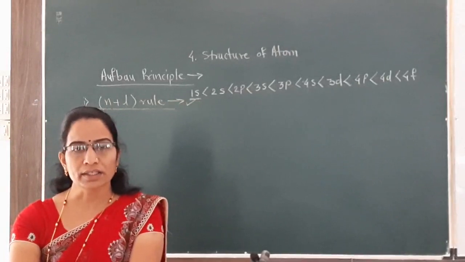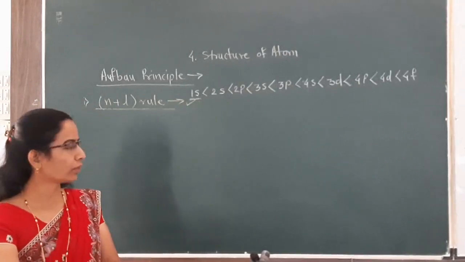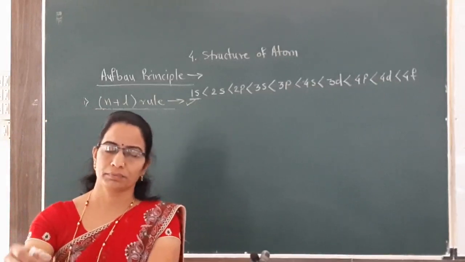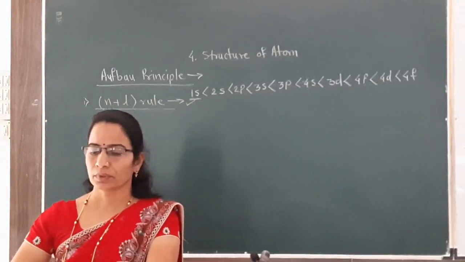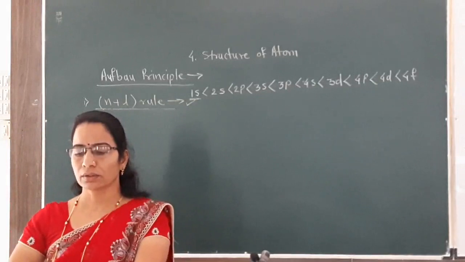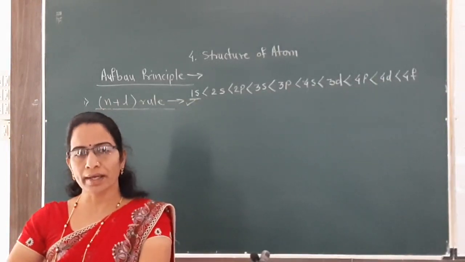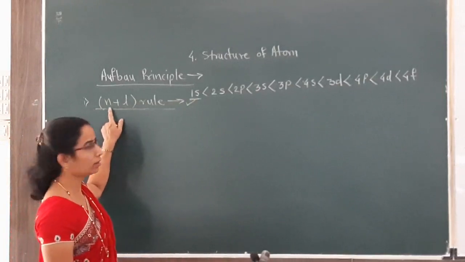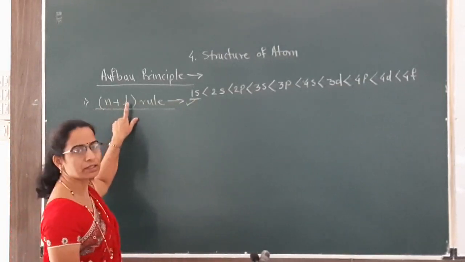Now this increasing energy order is given with the help of the n plus l rule, but every time it is not necessary to arrange these orbitals by calculating the value of n plus l.